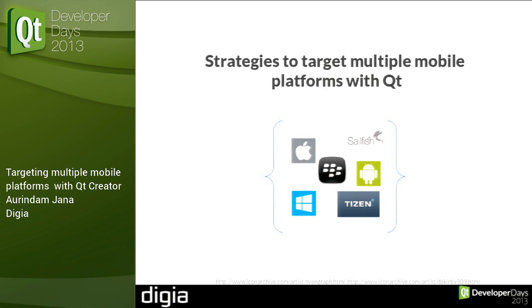Sailfish is using 5.1, or at least current Qt 5, for their platform. There is a community effort on Tizen, and I think Lars already mentioned that we are doing something on WinRT, which would be out with 5.3. So that pretty much is almost all the major mobile platforms that we have right now, or in the near future.